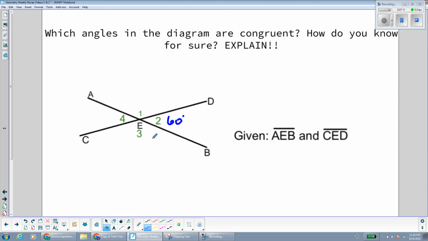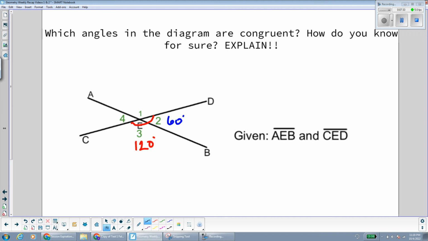If angle 2 is 60 degrees, what does angle 3 have to be? You might be thinking, well, together, angle 2 and angle 3 form a linear pair, so they need to add up to 180. So that makes angle 3 120 degrees.